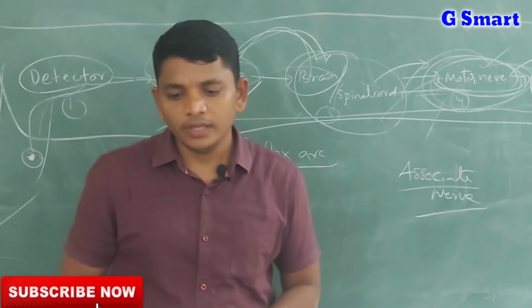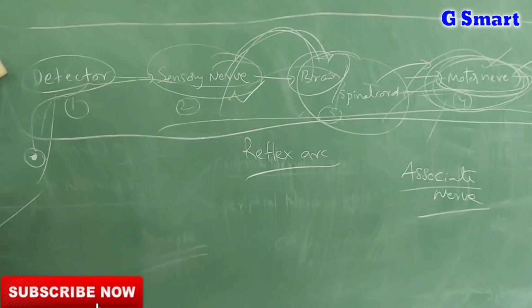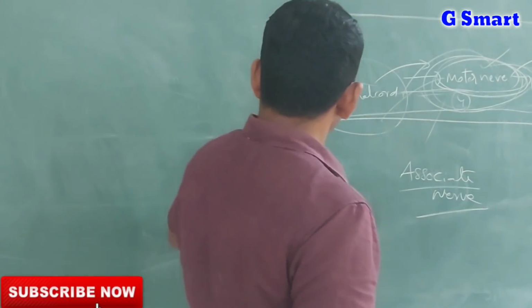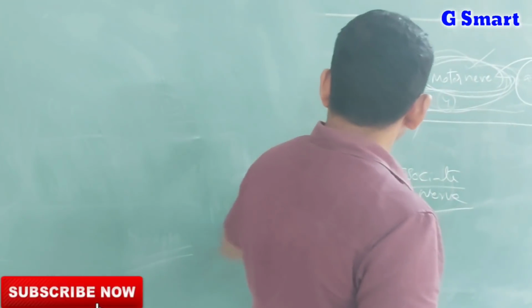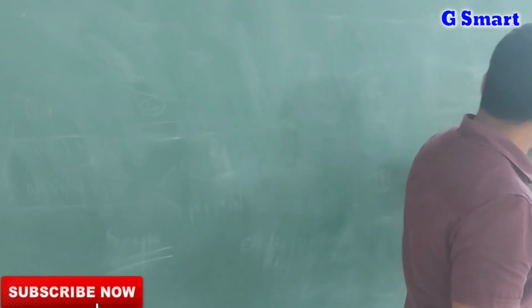Clear? Okay, let us discuss the peripheral nervous system. Peripheral nervous system is nothing but the autonomous nervous system.